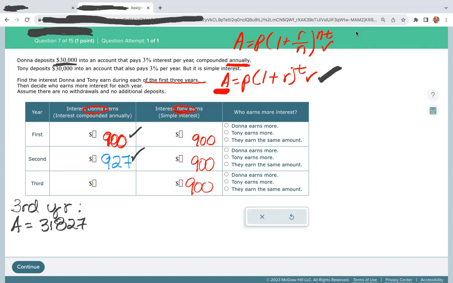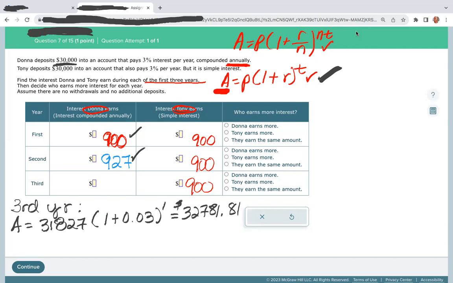So those amounts added together gives her the amount that's going to be invested starting the third year. So to calculate the interest on the third year, we're going to take this and multiply it by 1 plus the same interest rate, 0.03, and then we're going to raise that to the first power. And then we throw this on a calculator. The total amount turns out to be $32,781.81, okay?